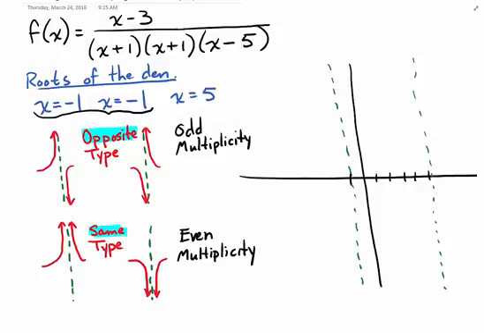So we know that the asymptote at -1, because it has an even multiplicity, can be classified as being of same type. And then the asymptote at 5 can be classified as being opposite.